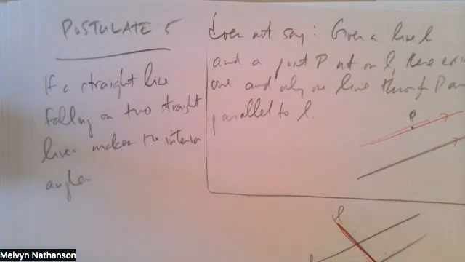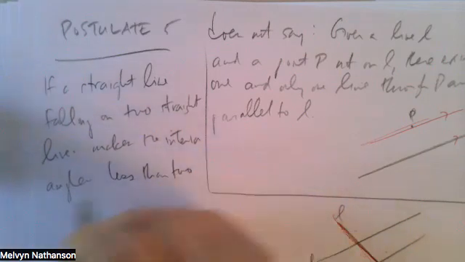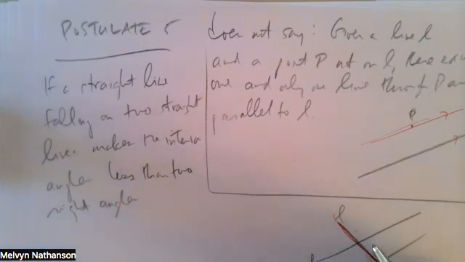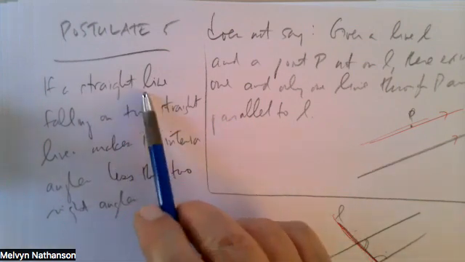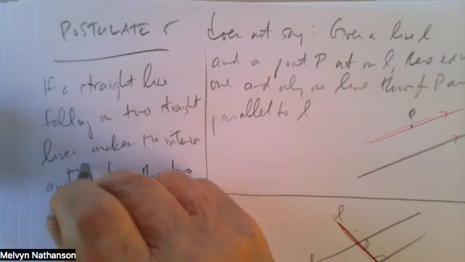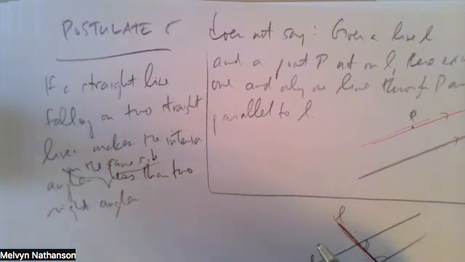So if a straight line falling on two straight lines makes the interior angles on the same side of the line falling less than two right angles, that is, these are two interior angles on the same side as the red line.